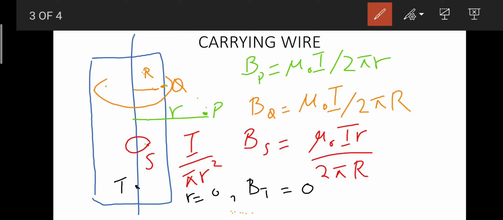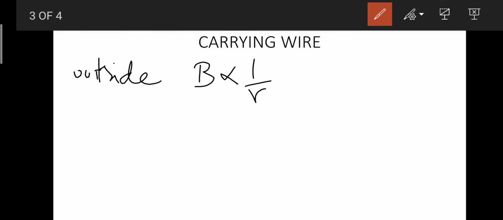So these were the four cases which we have discussed, and the last very important thing you should know is that for the outside condition, if you want to determine B in the outside situation, then B and R would be inverse.